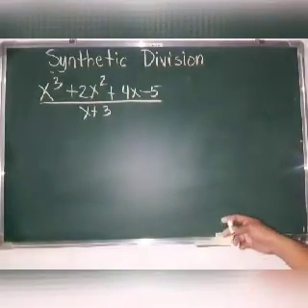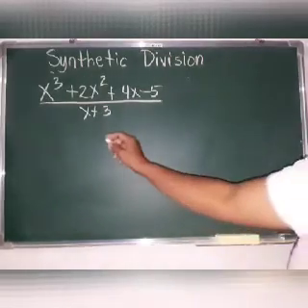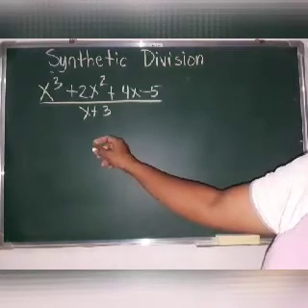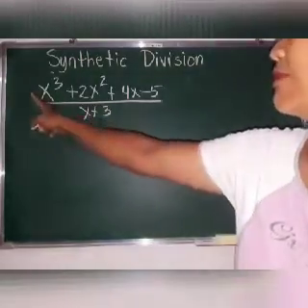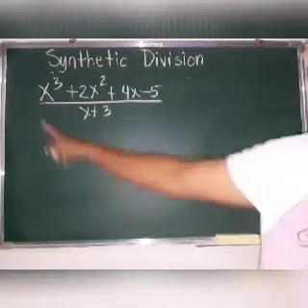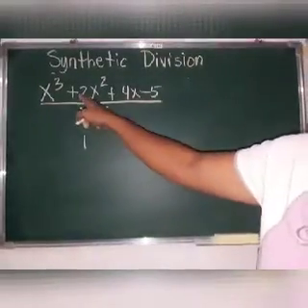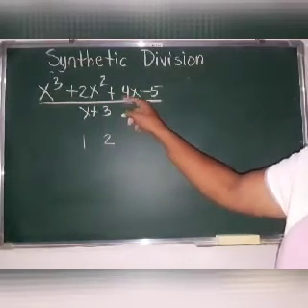Okay, example number 2. So, gawin natin ulit. Isulat natin ang numerical coefficient ng ating numerator or ang ating dividend. So, pag walang nakasulat, that means 1. So, x cubed, that is 1. Positive 2 or simply 2. 4.